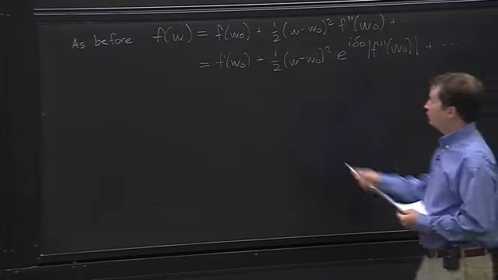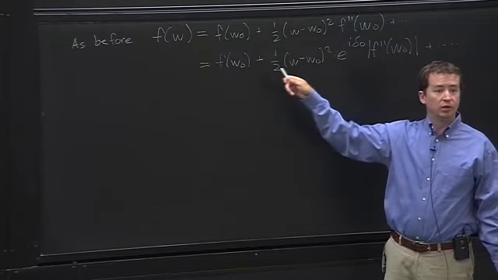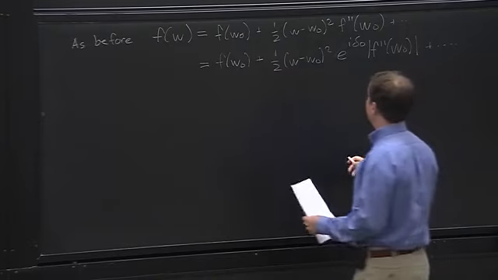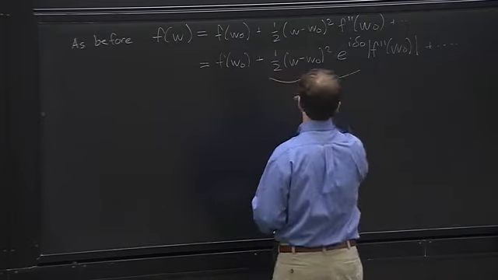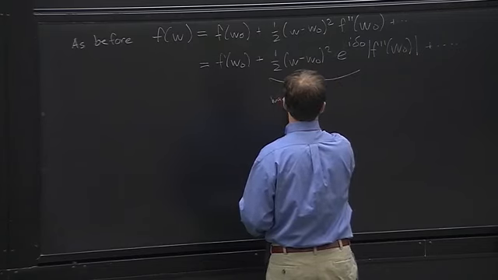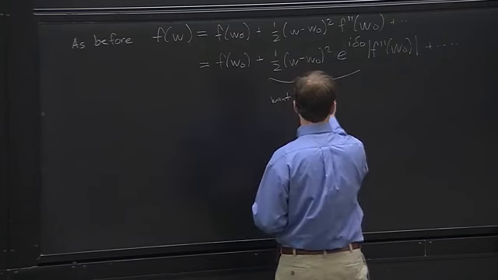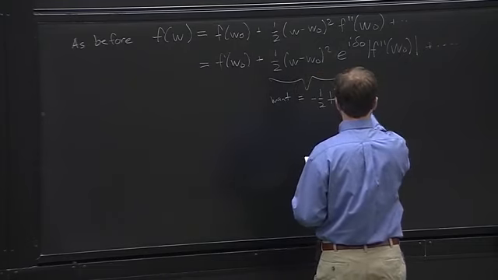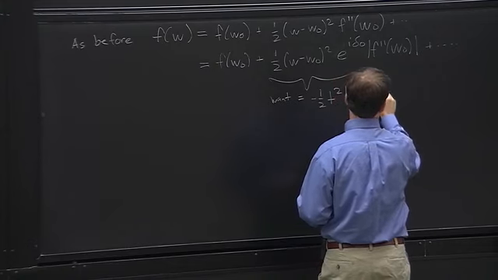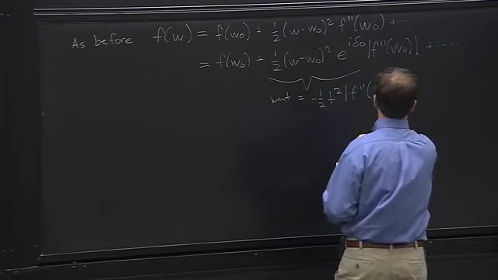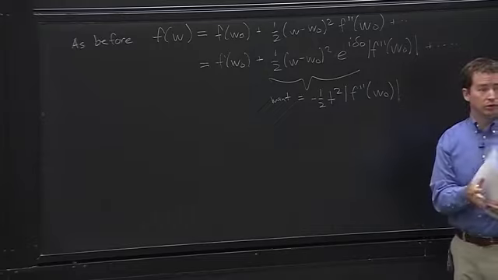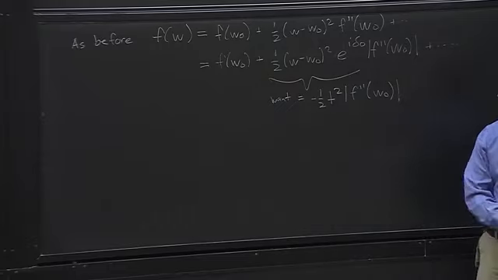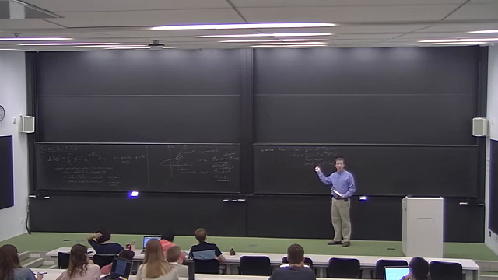And what we want, so that we can reduce it to the case we considered before, is for this to be equal to minus 1/2 t squared times the magnitude of f double prime at w naught squared. Because then it just locally looks like a Gaussian integral, just like before.